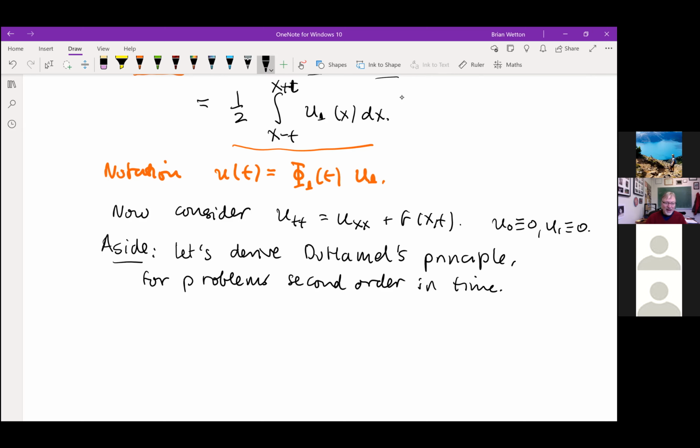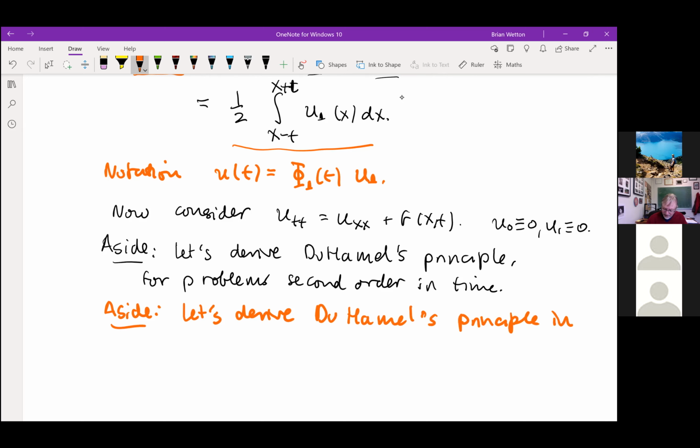And let's recursively do an aside. So the aside to the aside is let's derive Duhamel's principle in a formal way for first order problems.